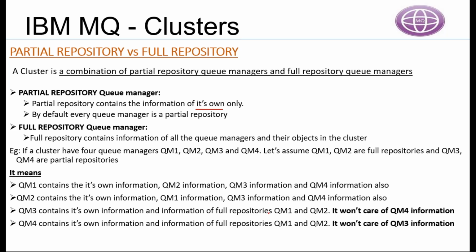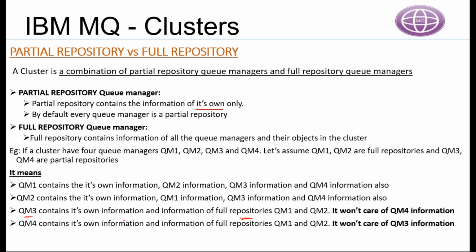There is a small logic behind it. Any partial repository contains the information of the full repositories and its own information. It does not have the information of other partial repositories of the cluster. That's what the actual partial repository is. But if I say it like that, right now you will get confused.